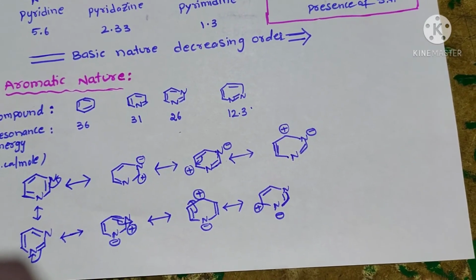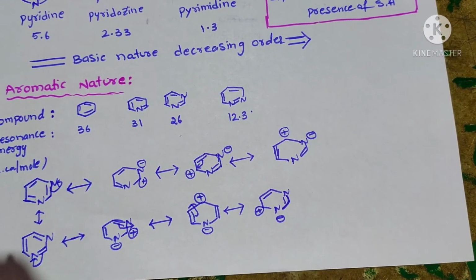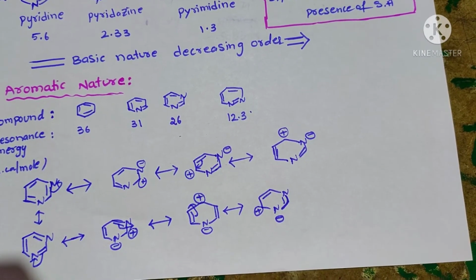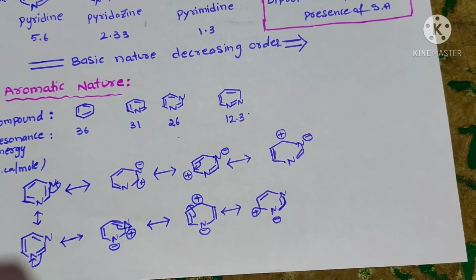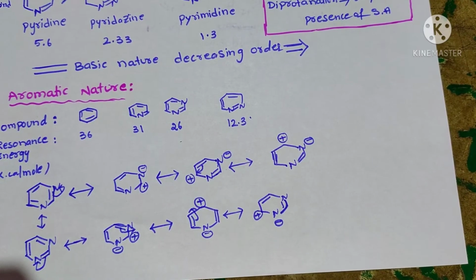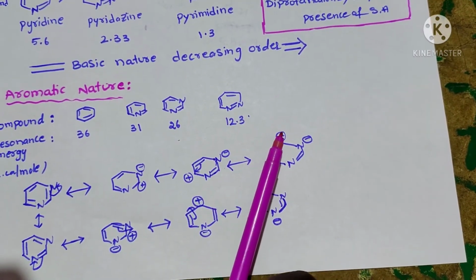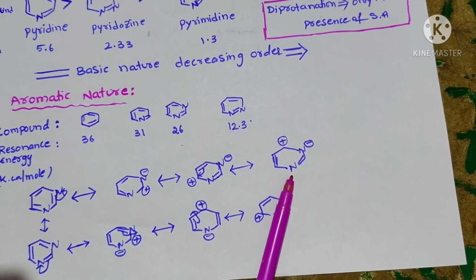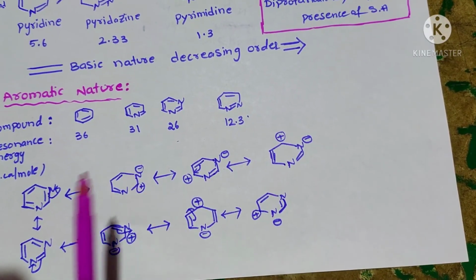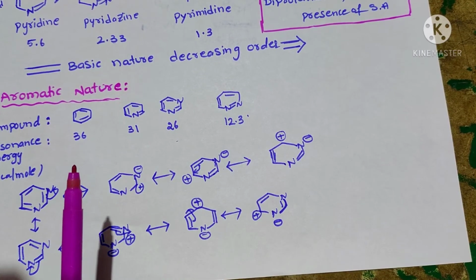Okay, and carbons are generally involved in the nucleophilic substitution reactions as positive charge appears on the carbon atoms. Here positive charge appears on the fourth carbon. This is fourth carbon, 1, 2, 3, 4, fourth carbon.